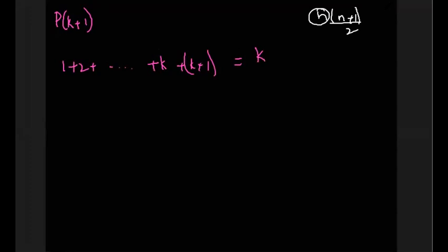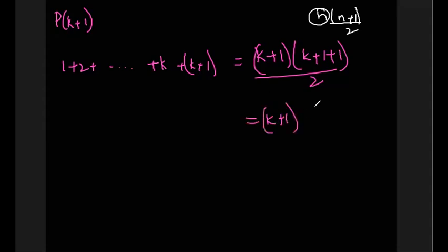So let's write it: k plus 1 into k plus 1 plus 1 by 2. Now this is written as k plus 1 into k plus 2 by 2. Okay, this is also considered true.